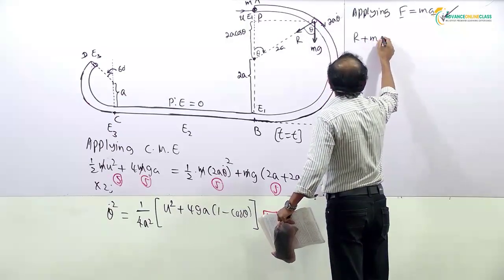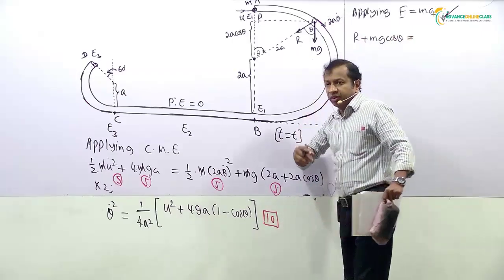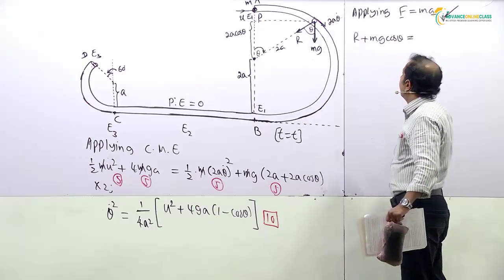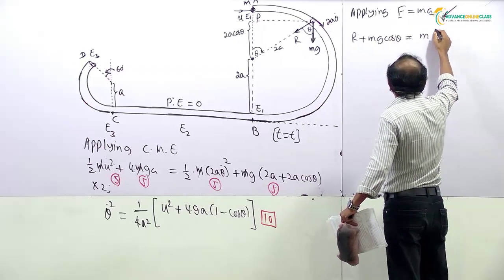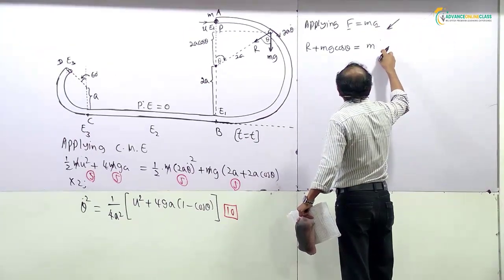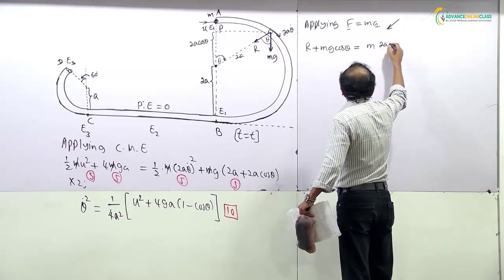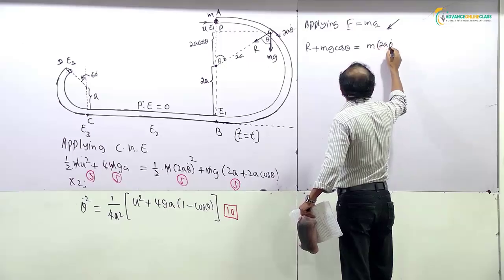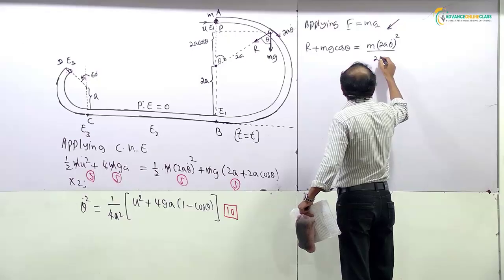R plus mg cos theta is the centripetal force. Right? If mass is m, acceleration means what? V squared over radius. What is V? 2a theta dot is the velocity. Velocity squared over radius, and the radius is 2a.